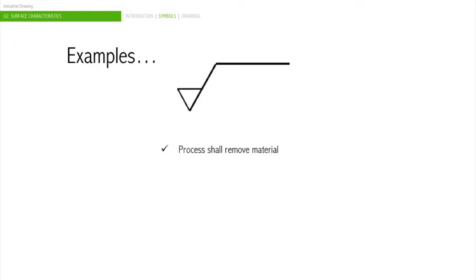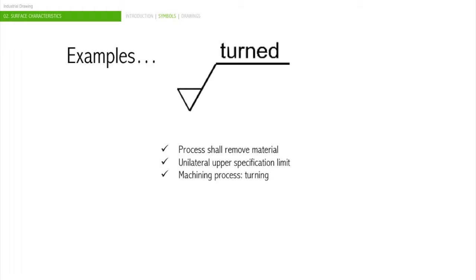The information about the process is the following. Let's consider a process that shall remove material with a unilateral upper specification limit. The machining process is turning.